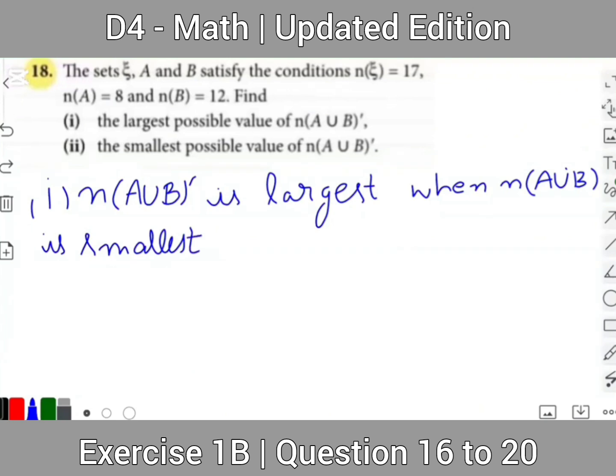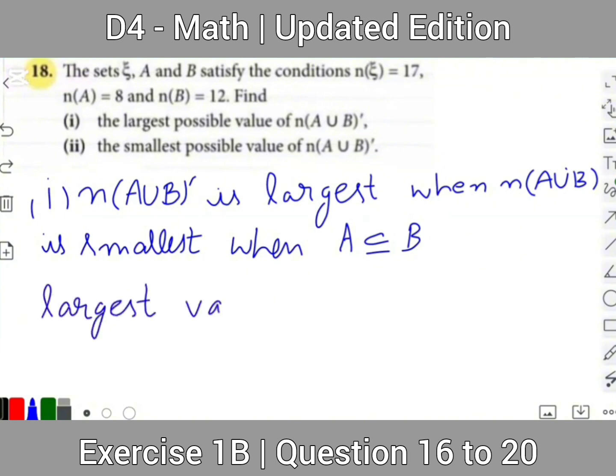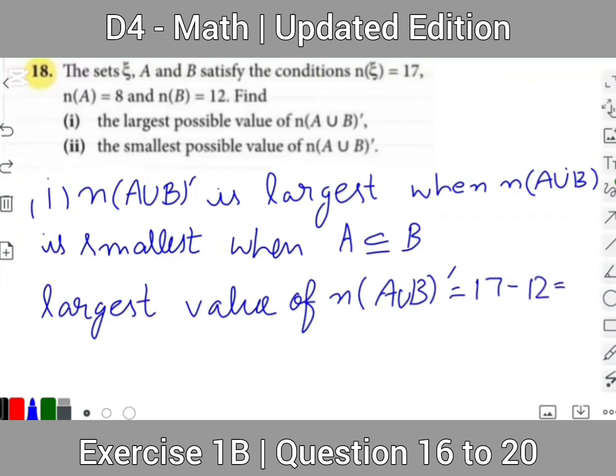This will occur when A is a subset of B. So the largest possible value of n of (A union B) whole complement will be equal to 17 minus 12, and that will be equal to 5.